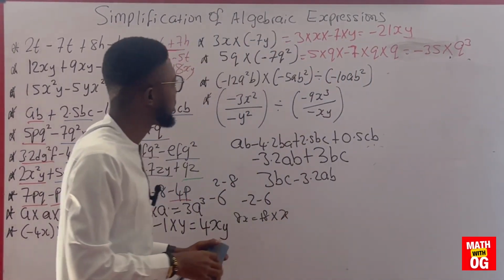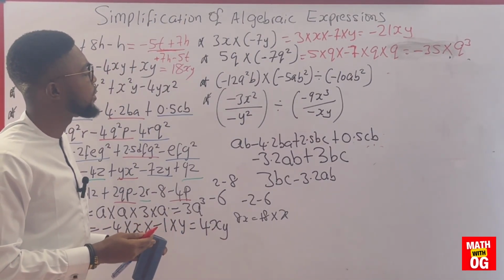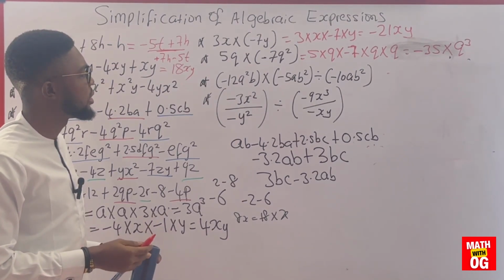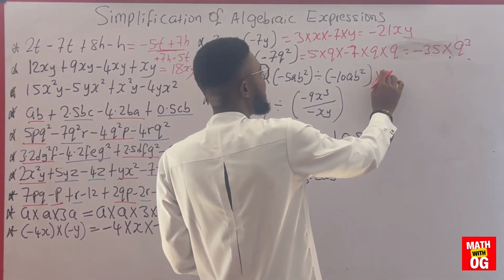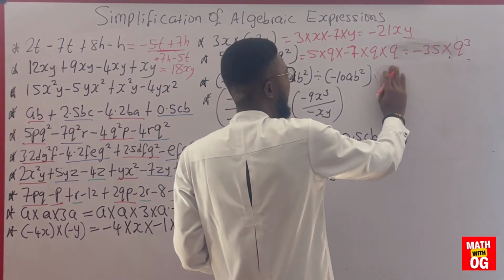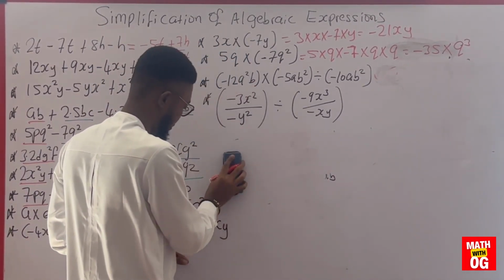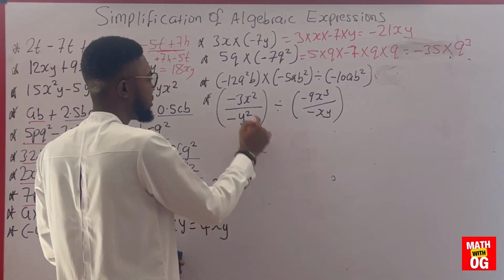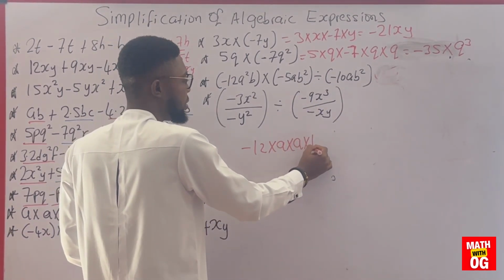Now back to the next question. You have 12a squared b multiplying minus 5ab squared divided by minus 10ab squared. Now let's break it. Minus 12a squared b is minus 12 multiplied by a, multiplied by a, multiplied by b.